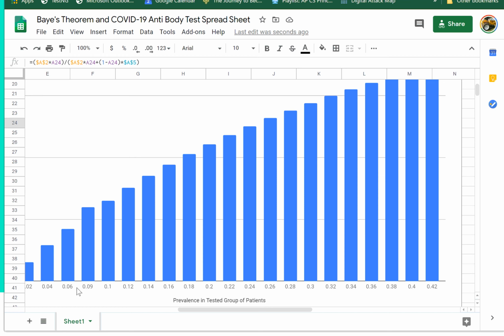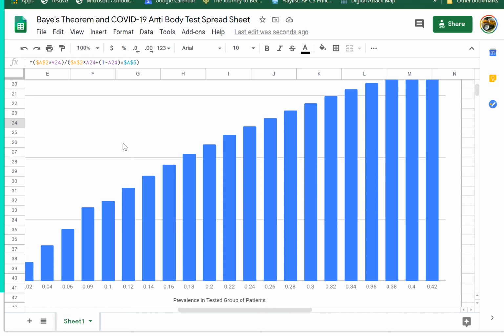And you can see along the bottom here the prevalences, and then you can see these probabilities. This horizontal line up here is 0.75, right? So with a very low specificity number of 70% and a high false positive rate of 30%, it takes a long time before we get reasonable results.